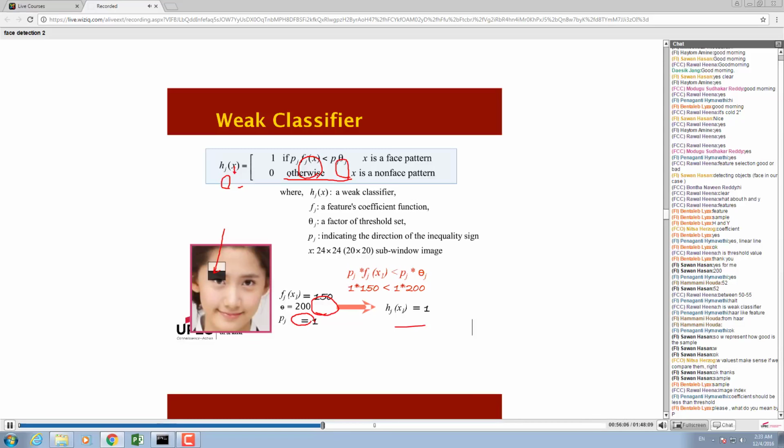When I applied Fj, it returned a good result: it is a face, 1. But let's take another case, when I applied feature number 1000. That feature was not so good, so it returned 0, for whatever reason. But y is 1.